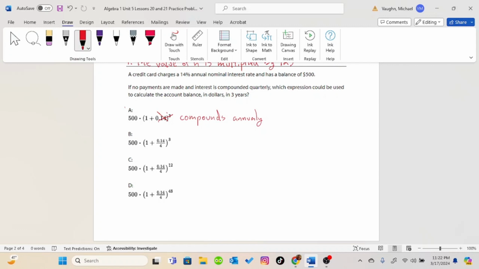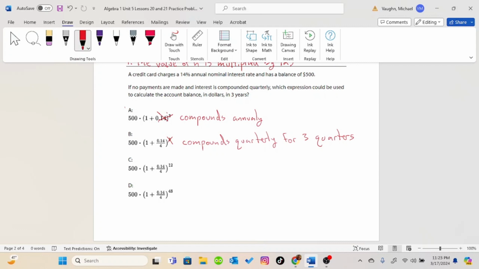B compounds quarterly, but only 3 times. So that's incorrect.